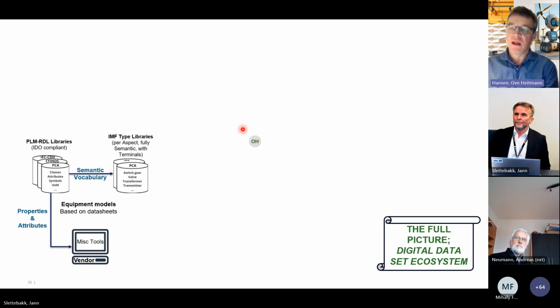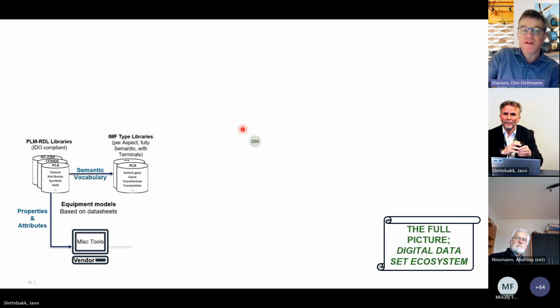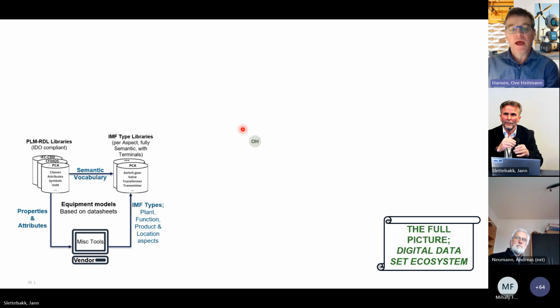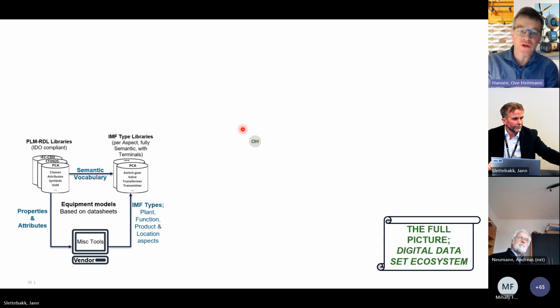So taking more than 30 equipment classes, defining them and putting them into the IMF framework, and creating templates that can be instantiated by industry actors in all those aspects that we have as a starting point. That means the plant aspect, function aspect, product aspect, and location aspect.